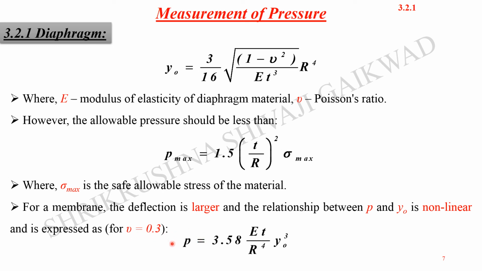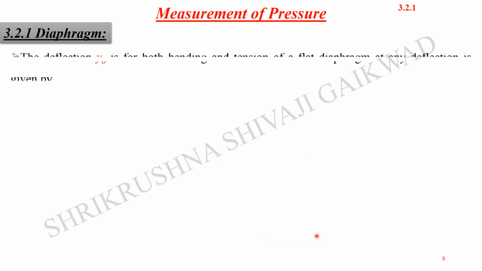So just substitute the value 0.3 here and rewrite the expression. Well, P is equal to 3.58 E t by r to the power 4 times y0.